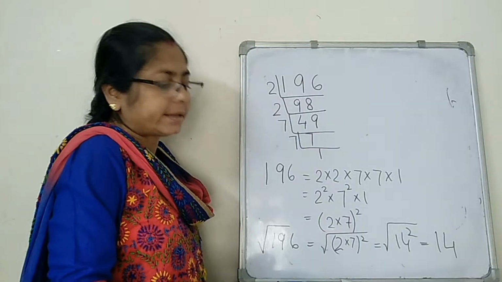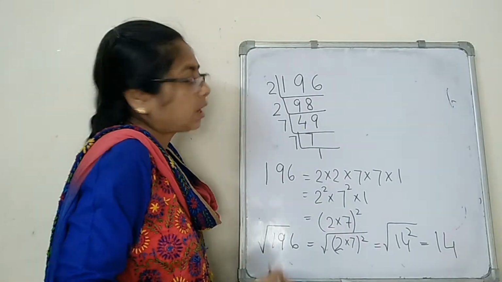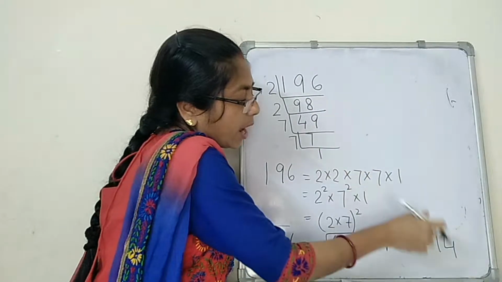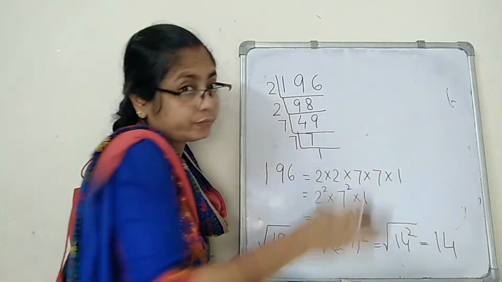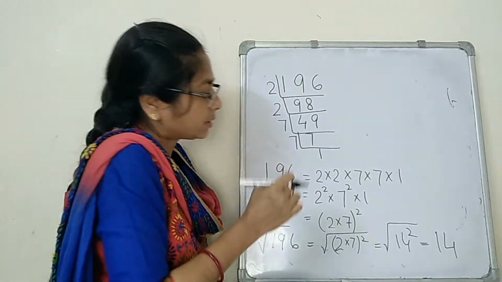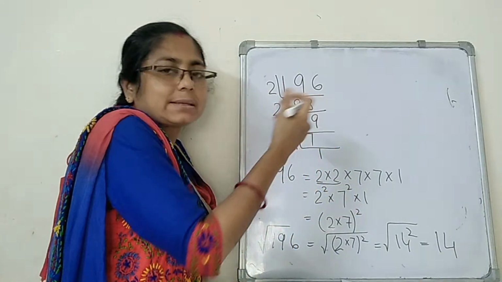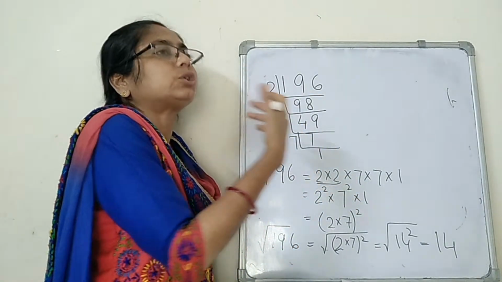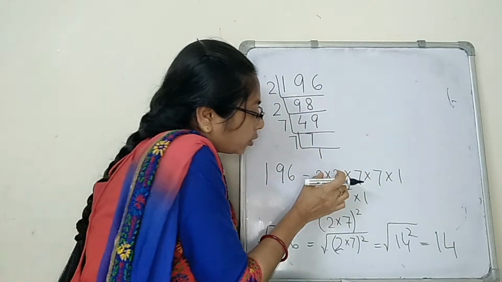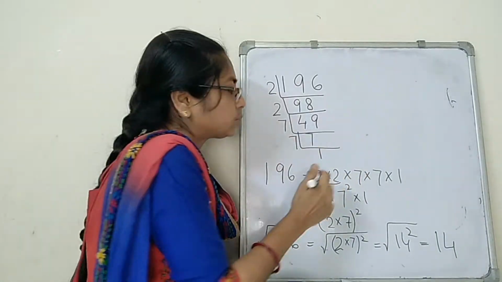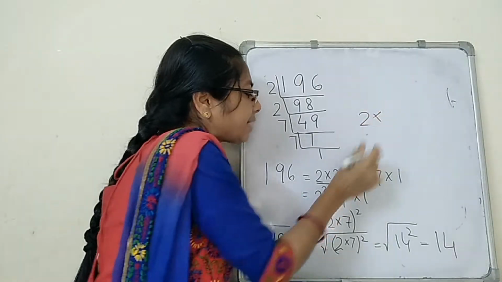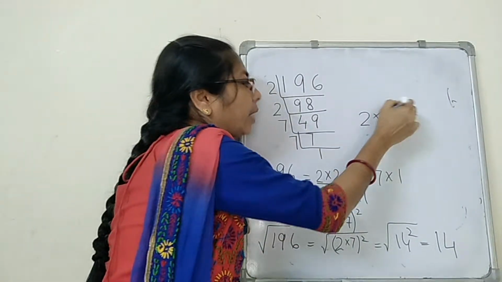The answer is 14. Perfect square, the square root answer is 14. I give a trick. Look, when the maths is coming in this way, find out the square root. You look, this 2 comes 2 times, so you write 1 time. 7 comes 2 times, so you write 1 time.